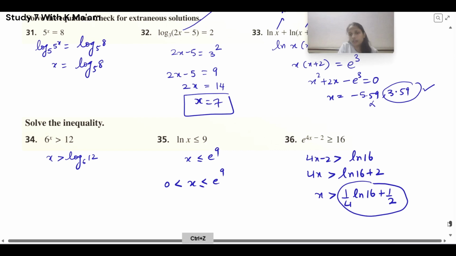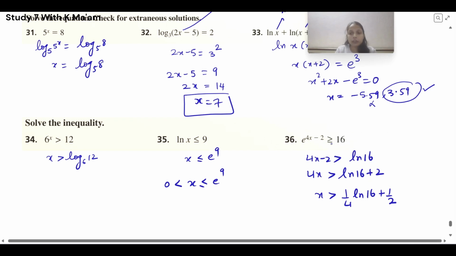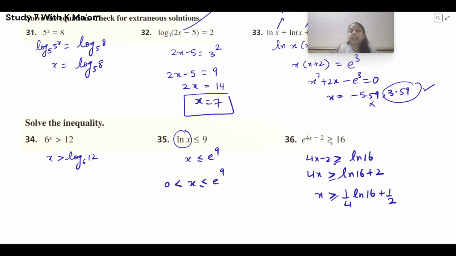Either 0 or whatever the upper bound is. So you got this. Okay. You have to check the domain also. This is defined for everything. That's why I'm not getting any condition at the end. It's an equality. But here log x has a domain of x greater than 0 only. So therefore I write the lower bound here also. Okay.